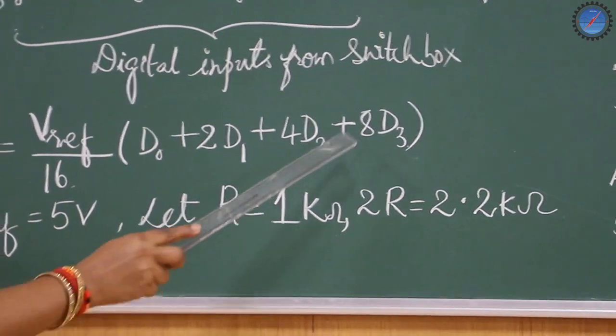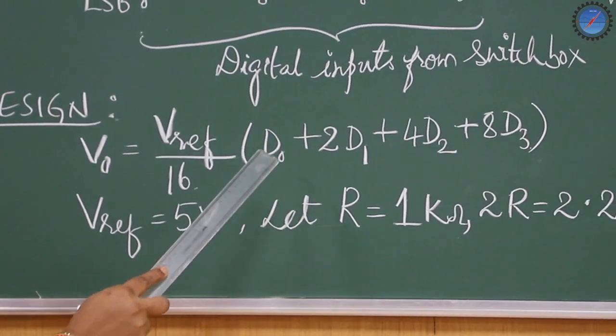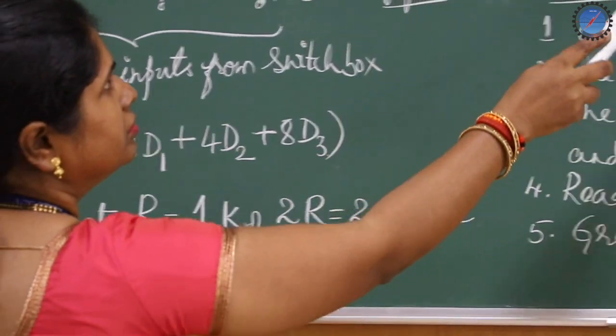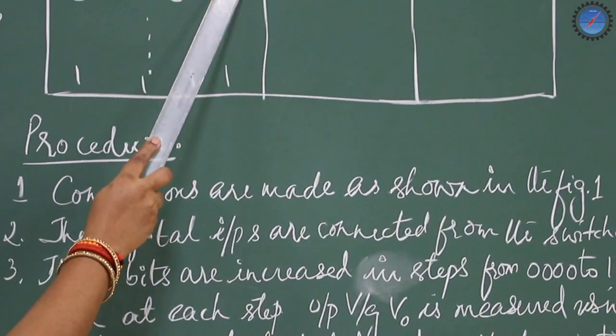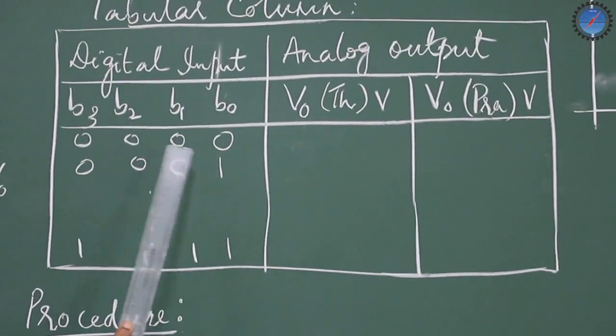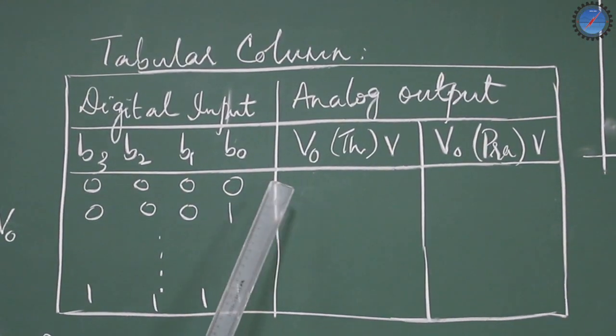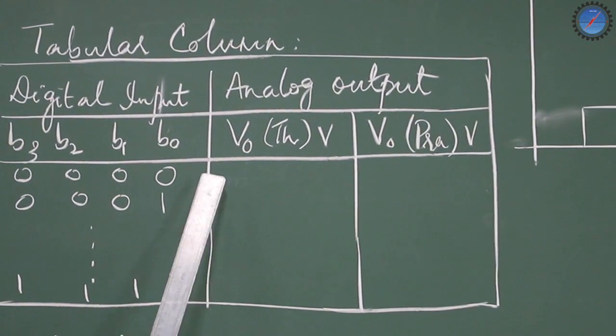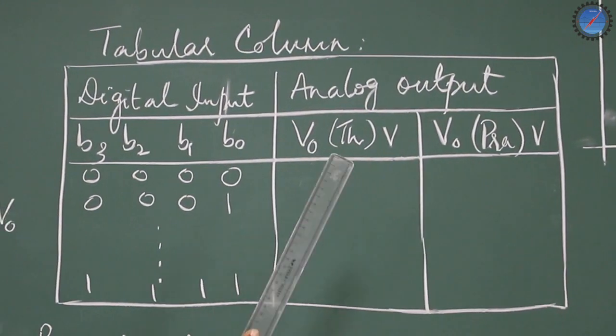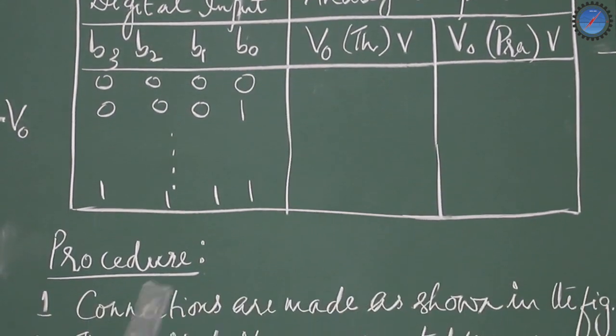Using this equation you can find the analog output theoretically for each different input combination.